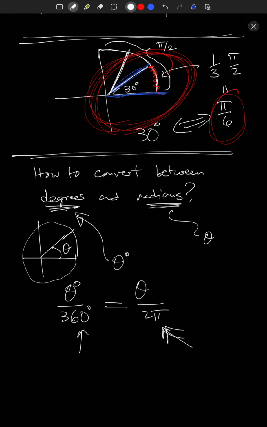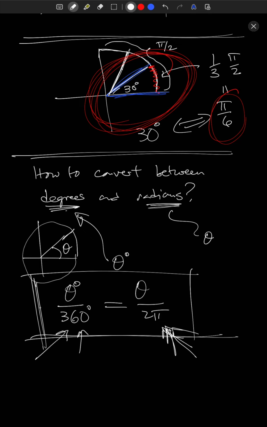Again, with a right angle, on the left-hand side we would be considering 1/4 of the entire circle, and we can see that it works. 90 degrees over 360 degrees is 1/4, right? On the right-hand side, we would still be looking at 1/4 of the circle. That also works out in that we've seen 90 degrees in radians is pi over 2, and pi over 2 over 2 pi is 1/4. Okay, so this formula has to always be true. All right, and again, the theme is that we're just looking at the ratios. The ratios have to match.